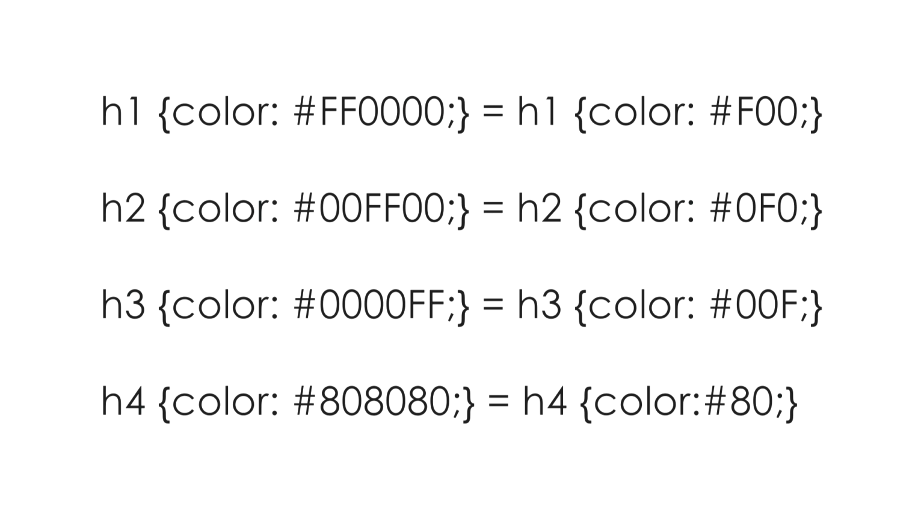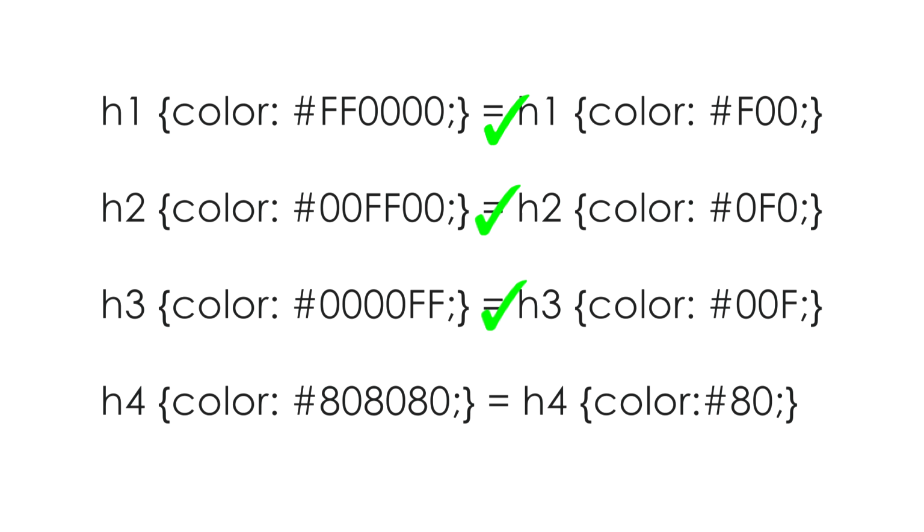Now one can have a simpler way to represent the same values, which is F00. Notice that every time we define the colors, we have at least three values. F00 is one representation. H2 works similarly, as well as H3. Now we have a problem for H4.